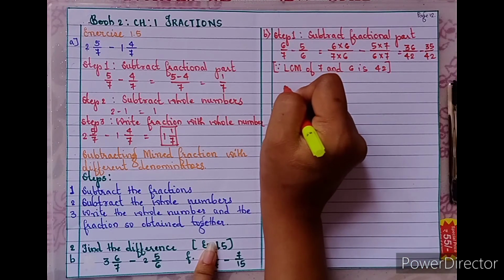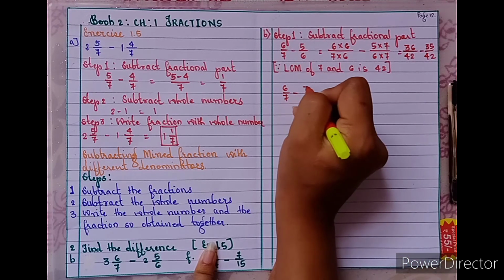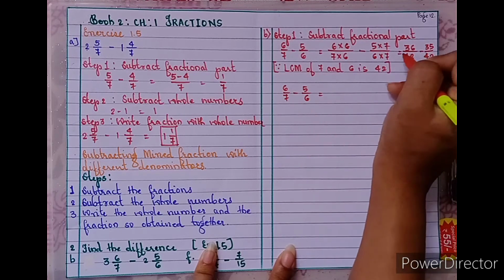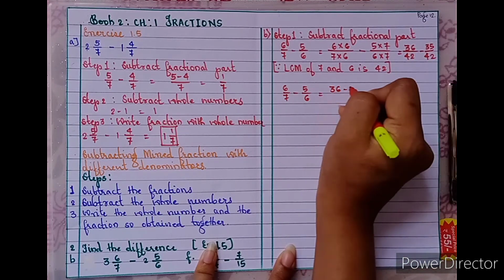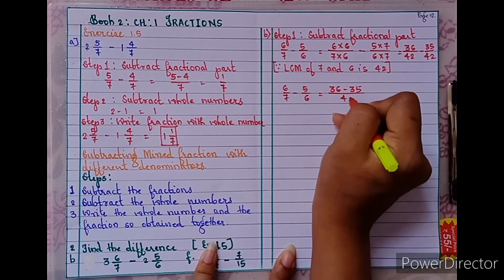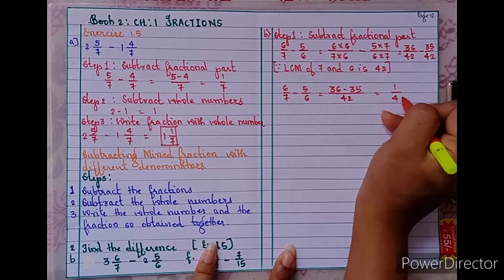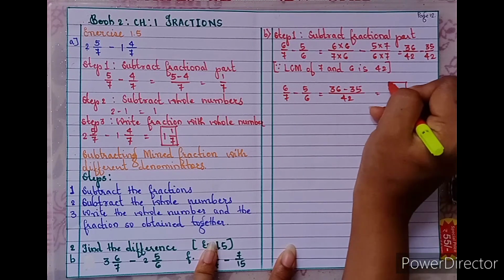Therefore 6 by 7 minus 5 by 6 equals 36 minus 35 divided by 42, that equals 1 upon 42, which is the fraction part.